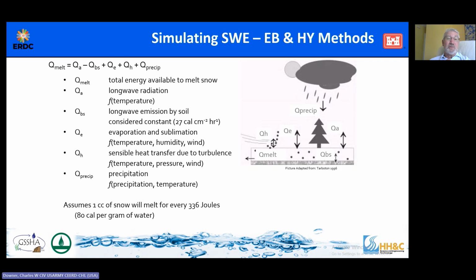And so we have the simple concept that 1 cc of snow will melt for every 336 joules that you add to the snowpack. In this case, we don't account for any snowpack dynamics. We just say it's a lump thing, and if you add this energy, then you get melt. And that's fairly simplistic.